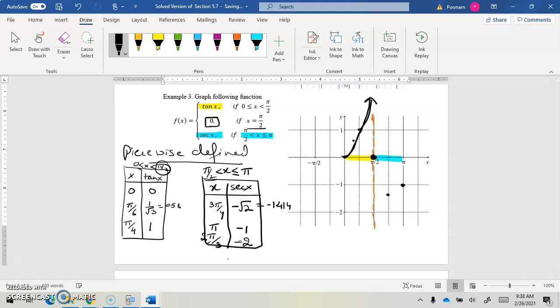So this will be negative 2. So at 2 pi by 3, the function's value will be somewhere here. Now, as x approaches pi by 2, the secant function approaches negative infinity. So this is the asymptote that we know. So we can join these points, and we have the curve to be somewhere like this.